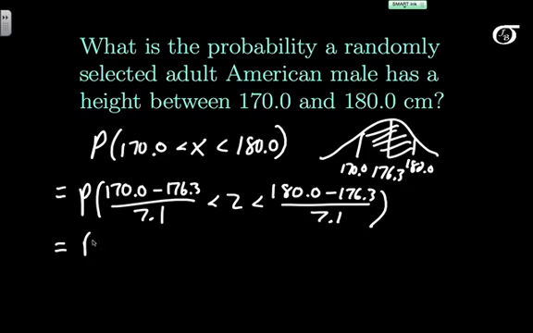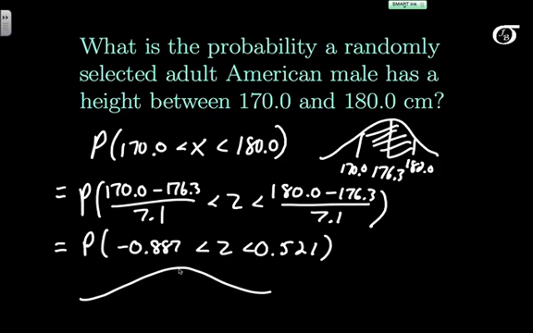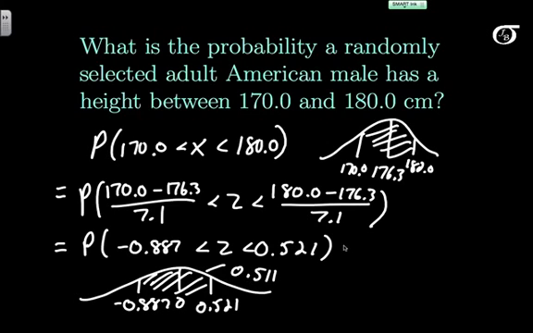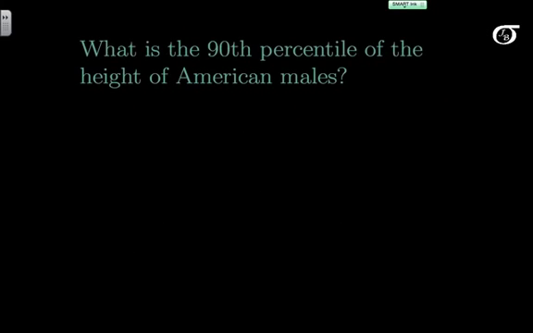So this is the probability that z lies between minus 0.887 and 0.521. This is our area under the standard normal curve between minus 0.887 and 0.521. That is the probability that we see. I'm going to let you throw that into a computer or use the standard normal table to find that this area is 0.511, which means that this probability is 0.511.